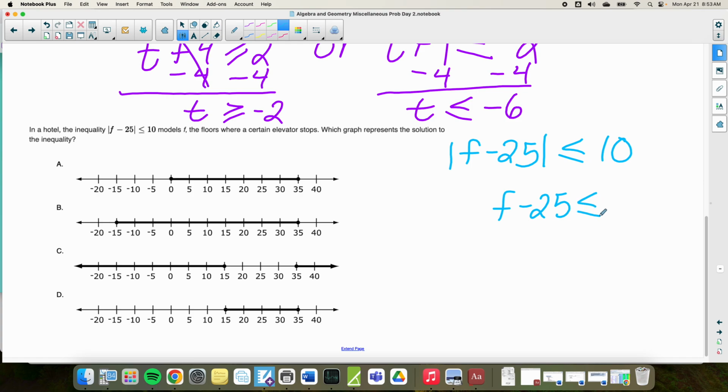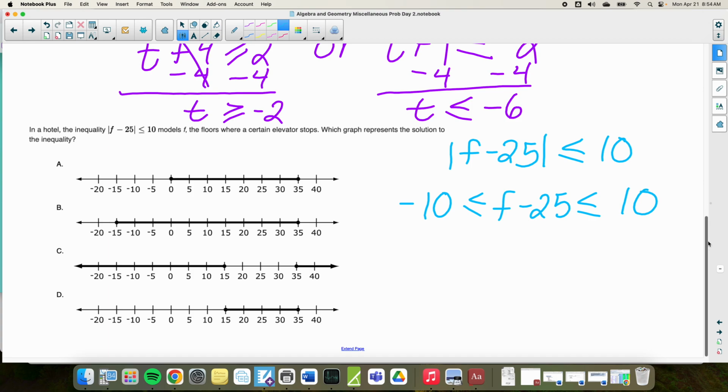You make this sign less than or equal to, as well as that one less than or equal to. And then you make this negative here and positive there. So you just copy this down and this down like it is. Keep the same sign, but this is the opposite of that.